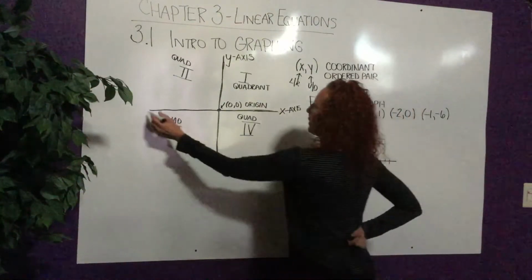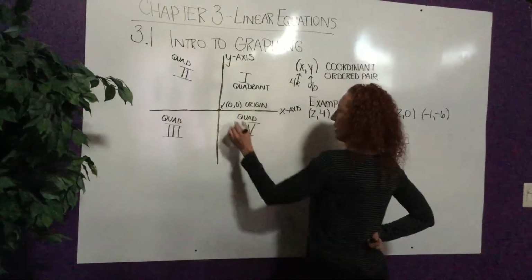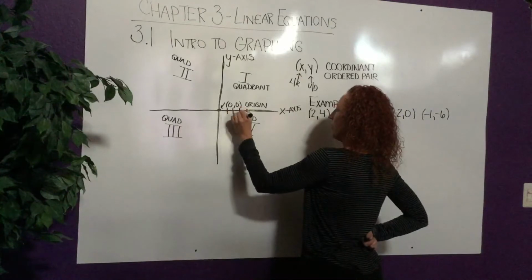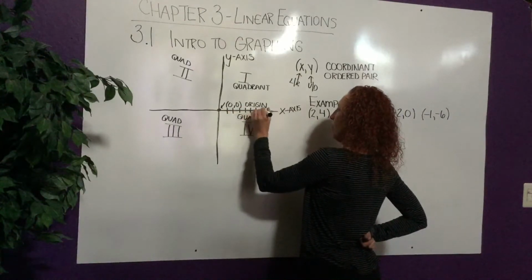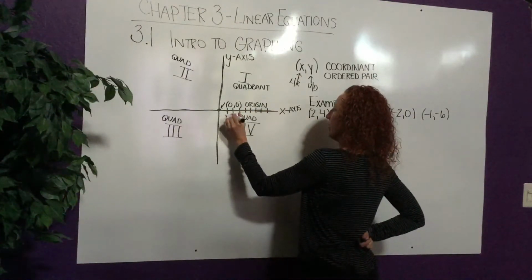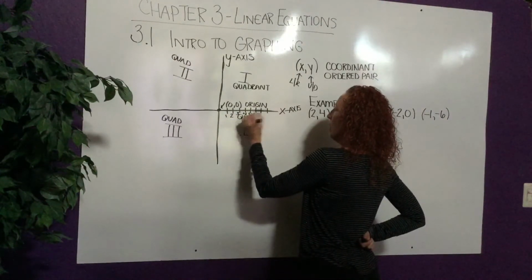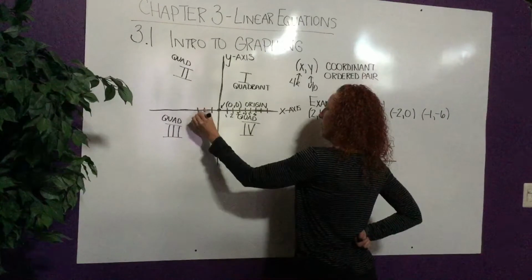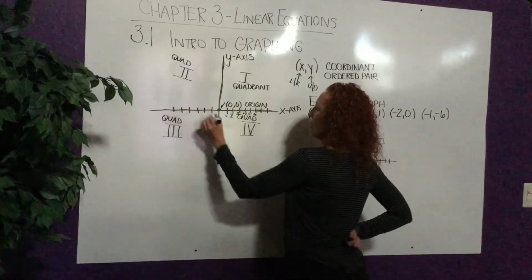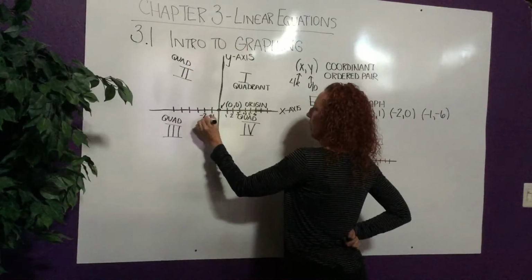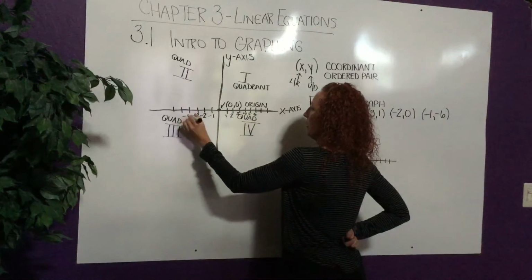And so as we travel along the x-axis, as we go this way, numbers are getting larger, and this is our positive direction here. As we go this way, our numbers are getting smaller, just like you've seen with any regular old number line.